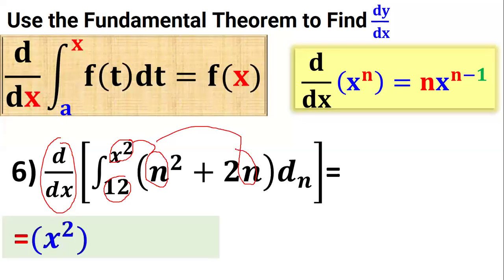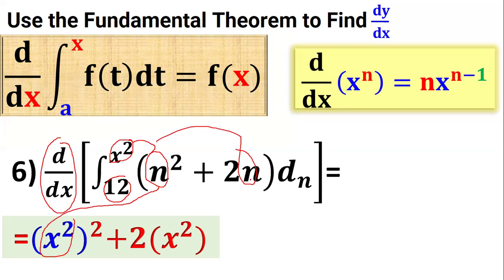If you do so, now we have x squared to the power of 2. I just replaced t by x squared here, and t by x squared. Now multiply by the derivative of x squared.